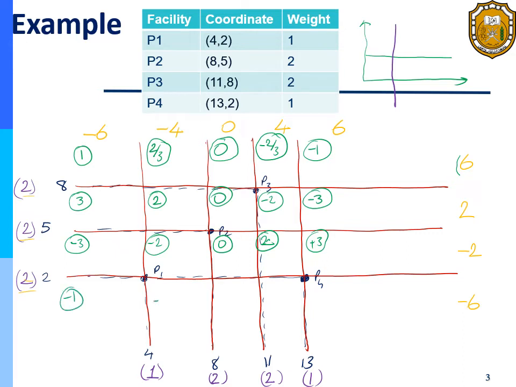Minus 4 minus 6, it will be minus 2 over 3. This will be 0. This will be 4 over minus 6. It will be 2 over 3. And the last one, it will be 6 over minus 6. And take the negative, it will be 1.